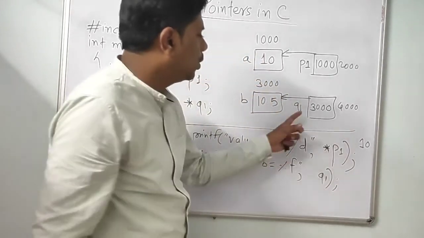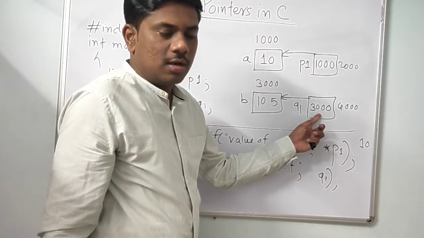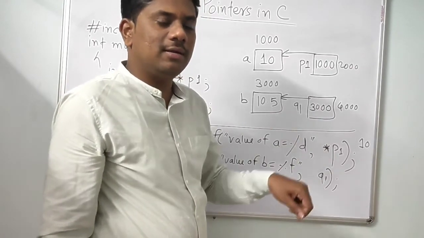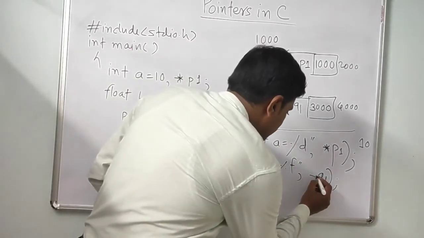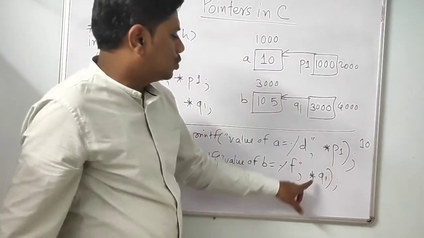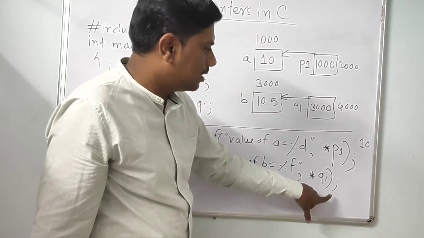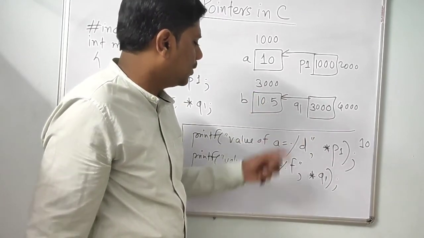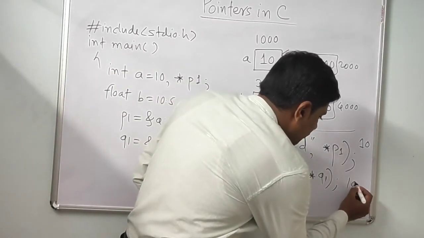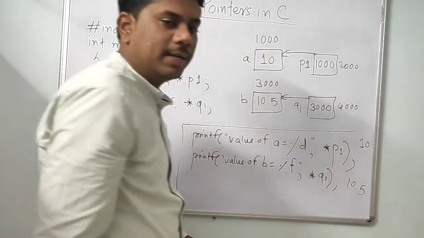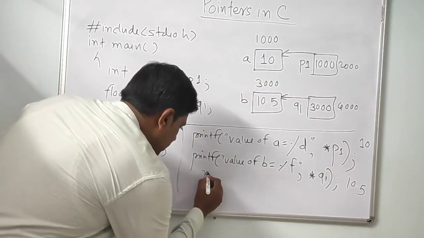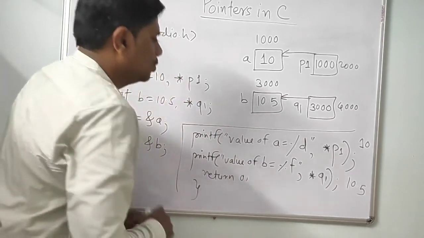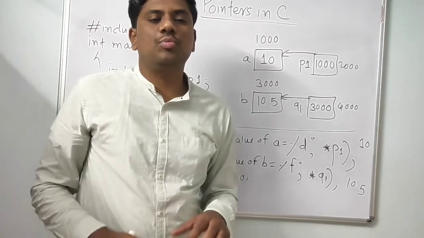What is q1? q1 is 3000. I'm not interested in 3000. I'm interested in the value at 3000. So star q1, star 3000, value at 3000. What is the value at 3000? 10.5. So that will be printed. And then return 0. So this is the simple demonstration of pointer.